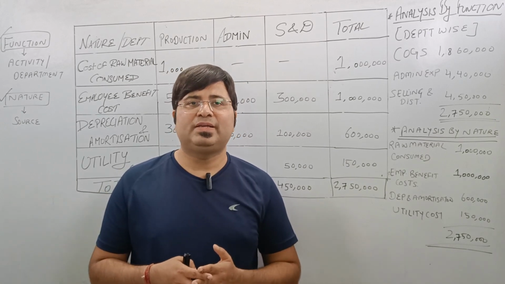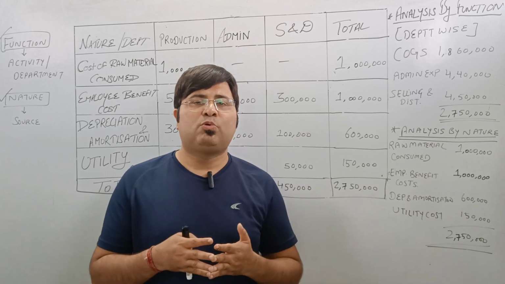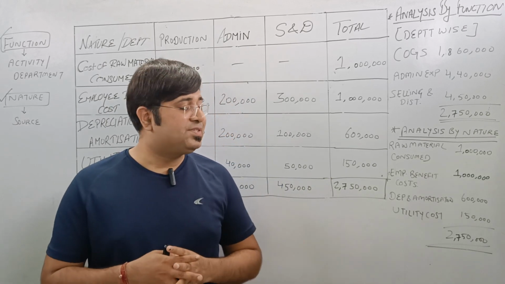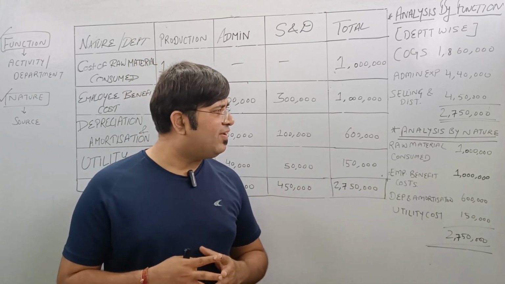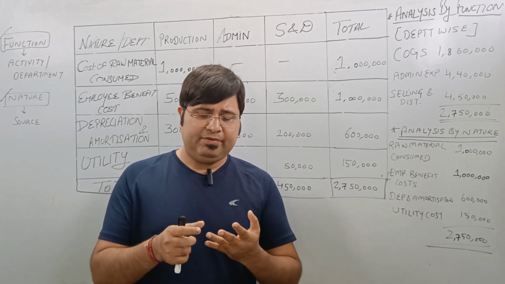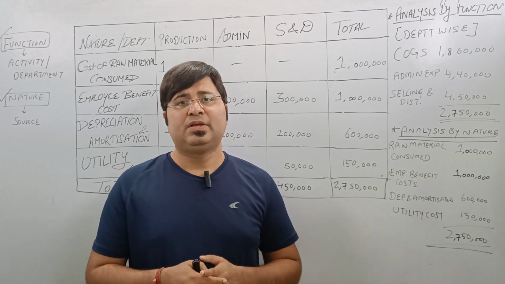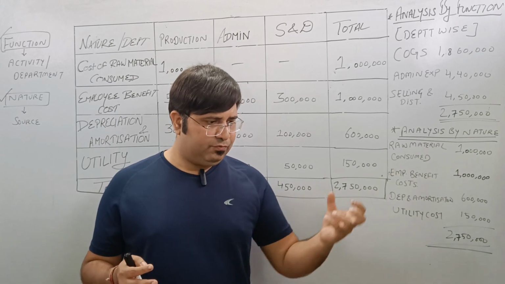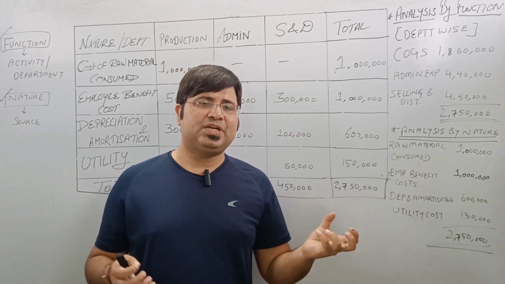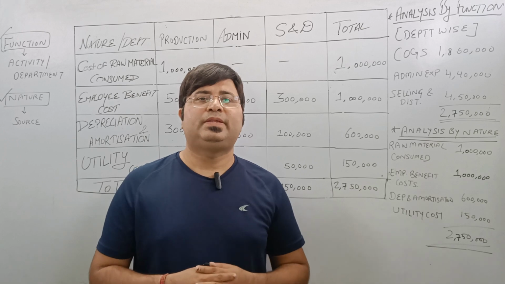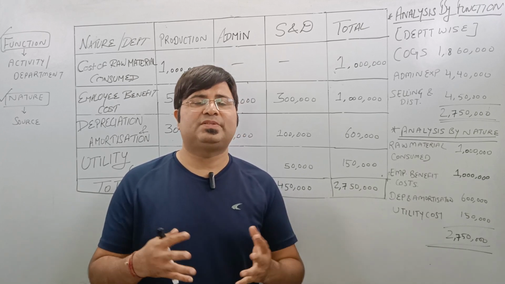Currently IAS 1 permits both by nature and by function, and IFRS 18 permits by nature, by function, and a mixed presentation. In a mixed presentation, we can combine nature plus function and show them as the analysis of expenses.